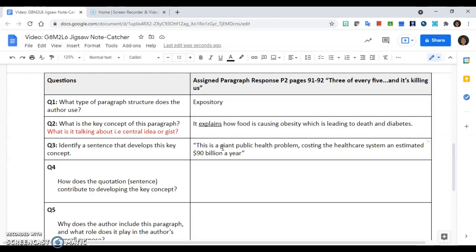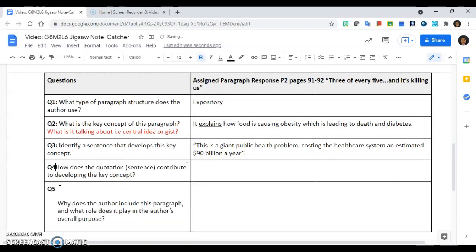And obviously these are pages 91 to 92. The paragraph is pretty small, so you don't have to restate the page this time, though you're more than welcome to. So then the next thing is, well, if you're telling me that this sentence develops the key concept, how?